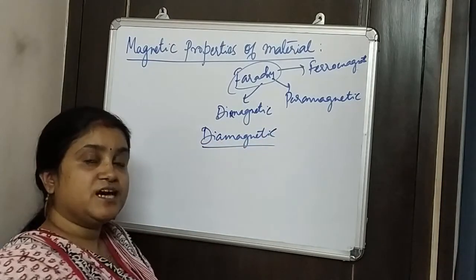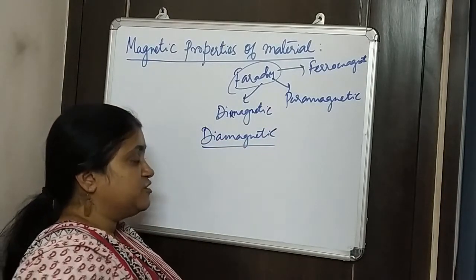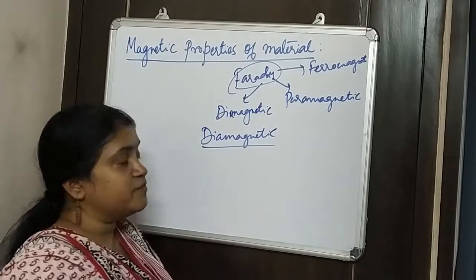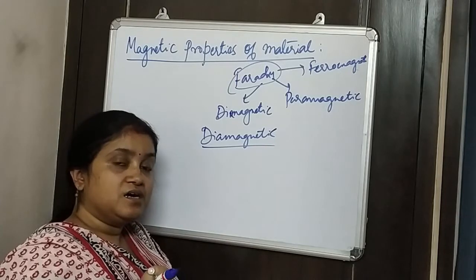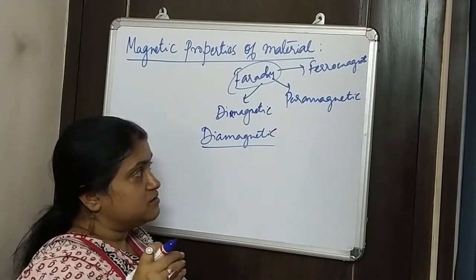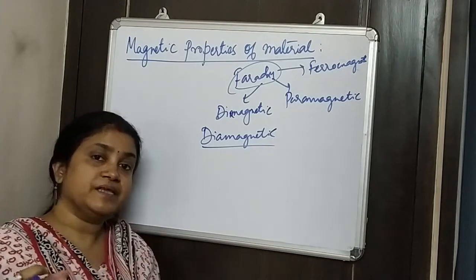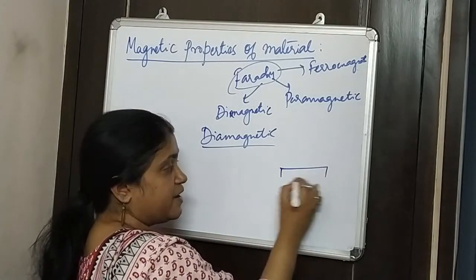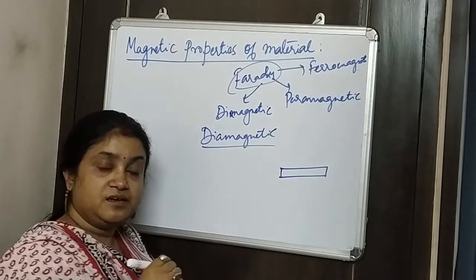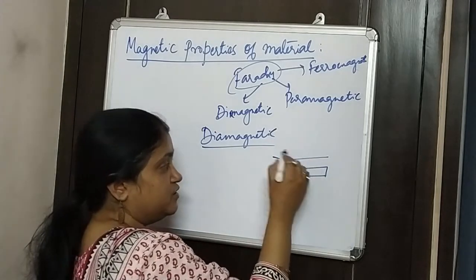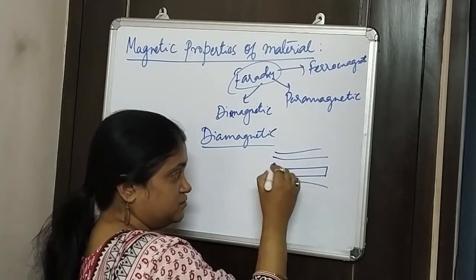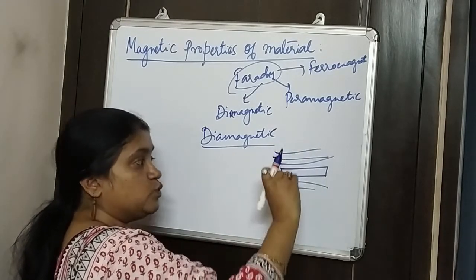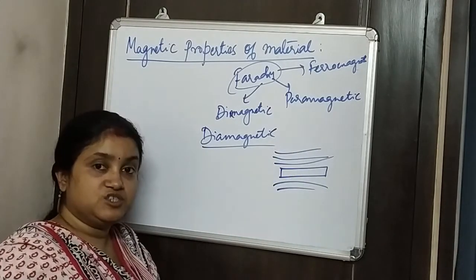Now this is a type of material. Generally, if you take this type of material, they are actually slightly repelled by magnets. So suppose you take a diamagnetic material bar and put it in a certain magnetic field, then the field lines will repel from each other.